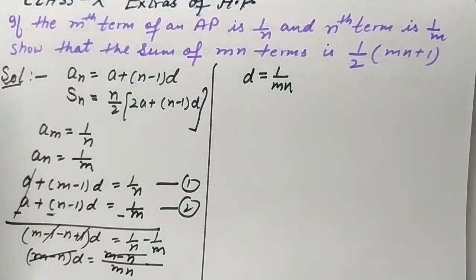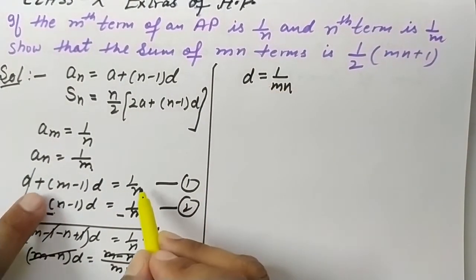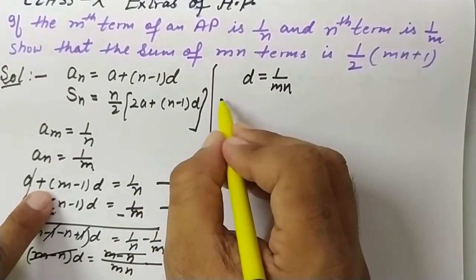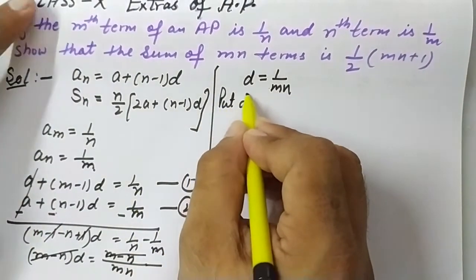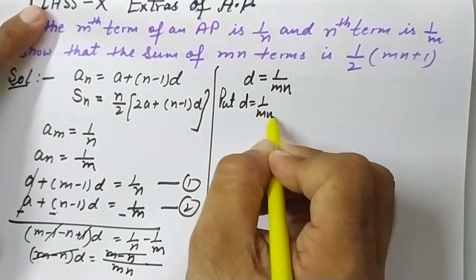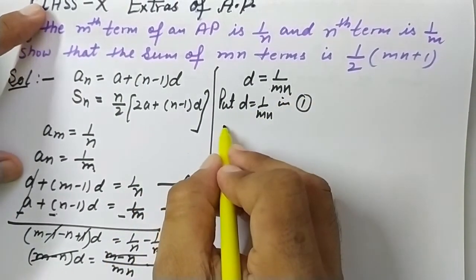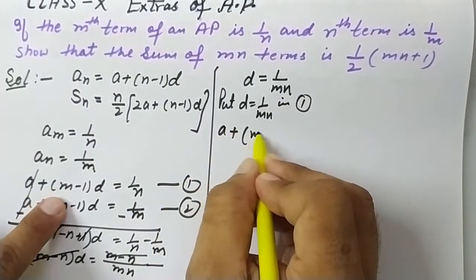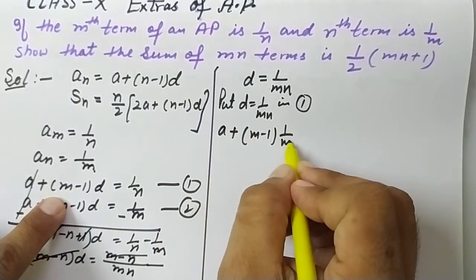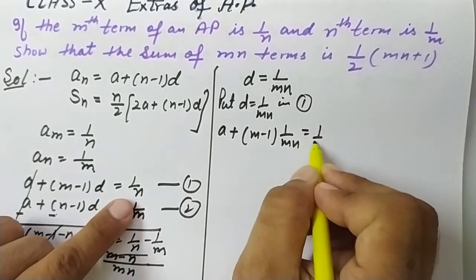Now we'll put the value of d in equation 1 and get the value of a also. Put d as 1 over mn in equation 1. So a plus m minus 1 into d, which is 1 over mn, is equal to 1 over n.